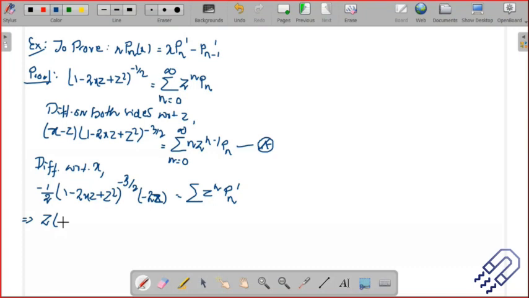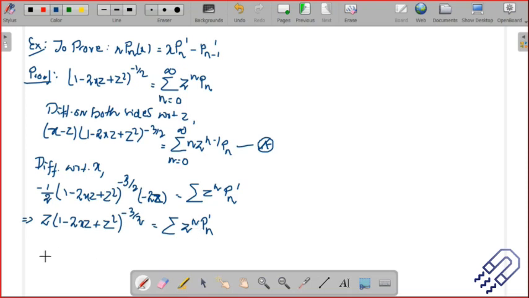z times (1 minus 2xz plus z square) whole thing to the power minus 3 by 2 is equal to summation z to the power n pn dash. Now you see we need this. On this side it should be x minus z, this is actually z to the power n.